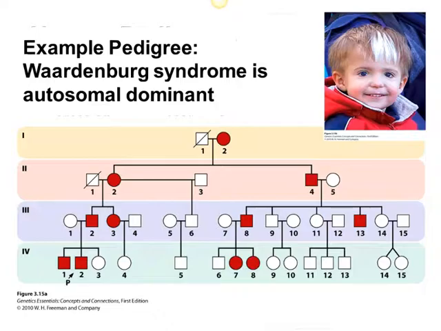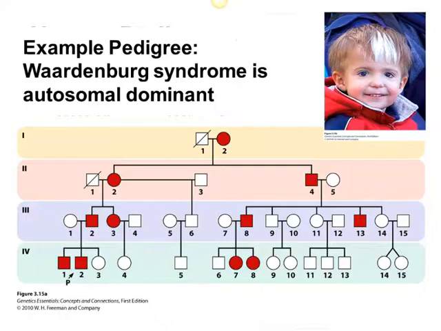This example, I'm going to tell you up front, is an autosomal dominant trait, meaning the allele causing Waardenburg syndrome behaves as an autosomal dominant. Autosomal means it's on one of the autosomes, not the X chromosome. And dominant means you only have one allele of this disease allele to show the phenotype.